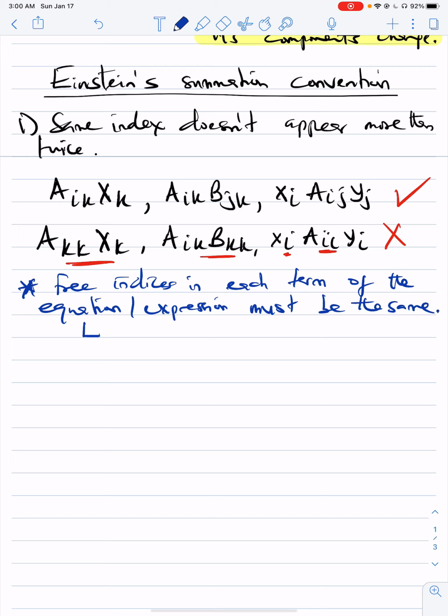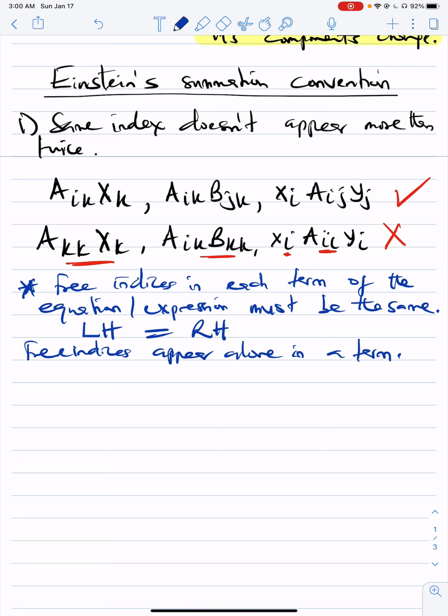So what's on the left-hand side should be the same as what's on the right-hand side. And a free index appears alone in a term. It's not supposed to be doubled up. It's supposed to just appear alone in any particular term.